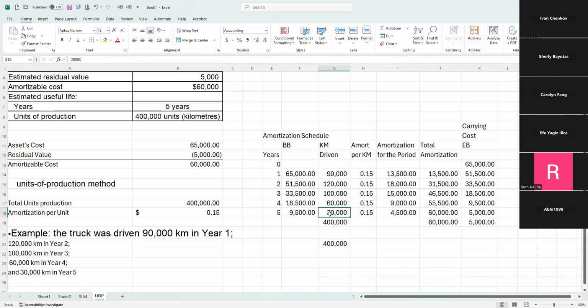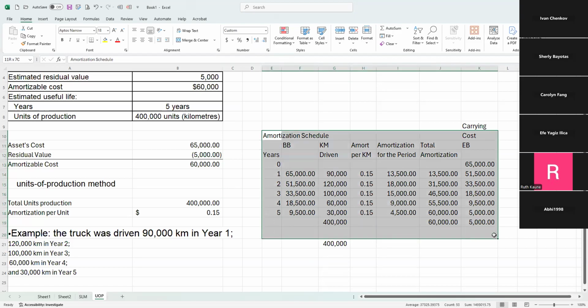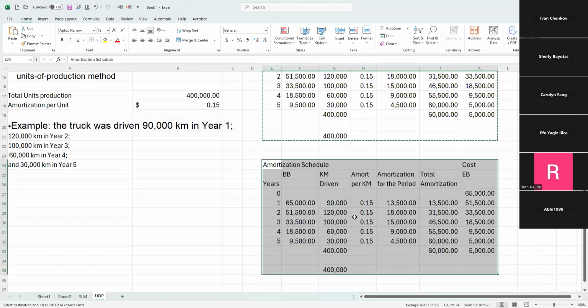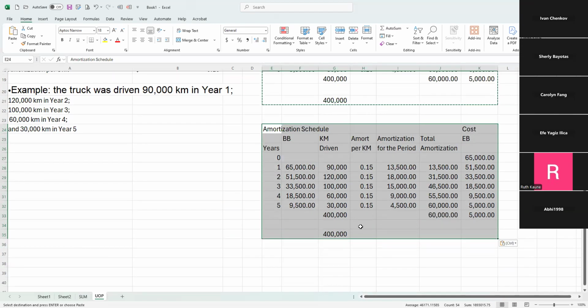Now, sometimes the questions, what they're going to do is here, instead of 30,000, let's copy this one. I'm going to purposely copy this one, and I'm going to post it here so I can show you where the tricks are in this tab on the unit of production.